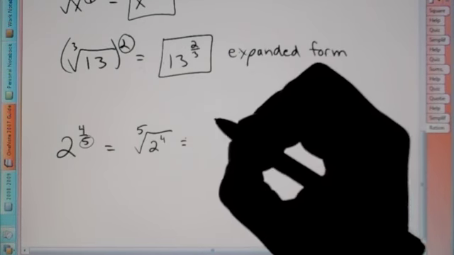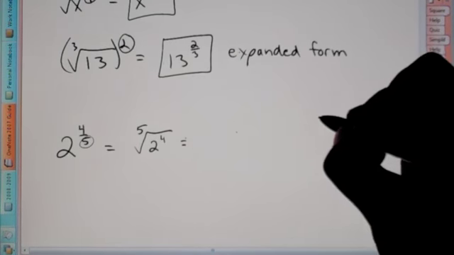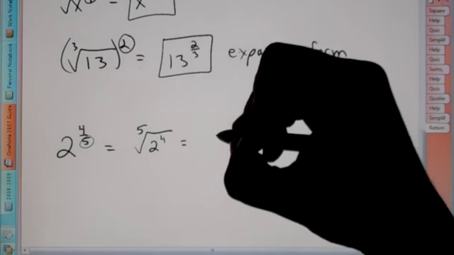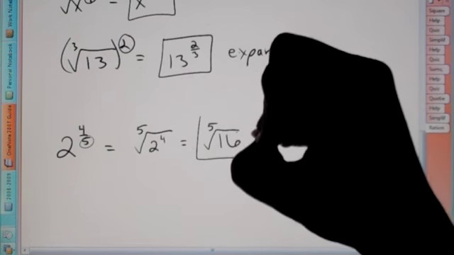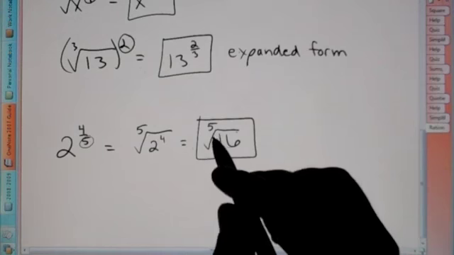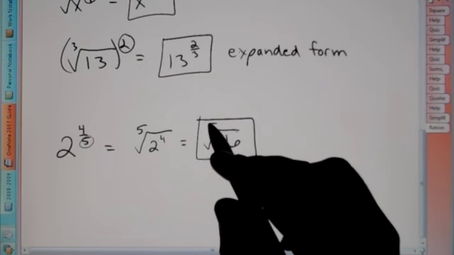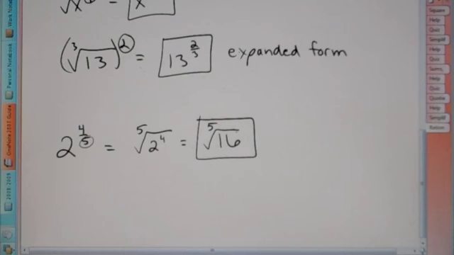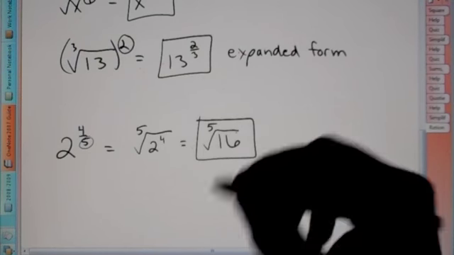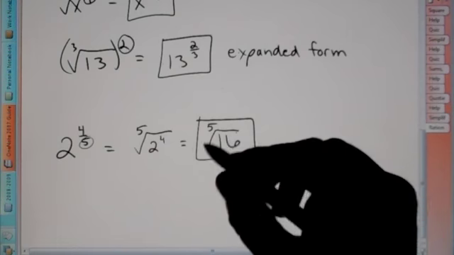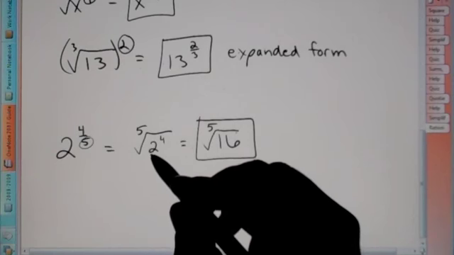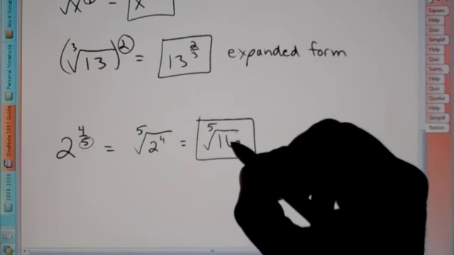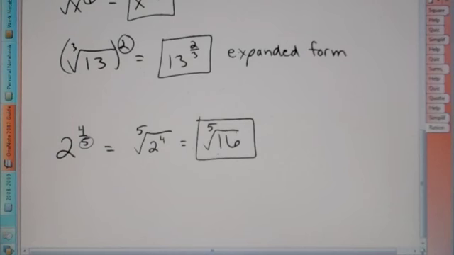And we said 2 to the 4th, 2 times 2 times 2 times 2. So 2, 4, 8, 16. 5th root of 16. And we can't break 16 down in terms of having a factor that you can take the 5th root of, or a power of 5, sorry. So this would be your final answer, because the smallest number that we can deal with is 2, but there's only 4 powers of that, so you can't break down 16 anymore.